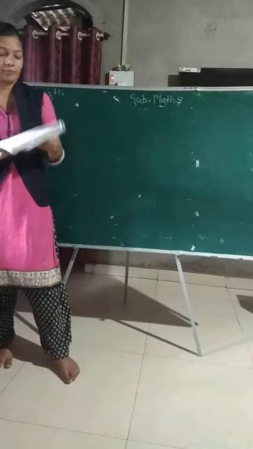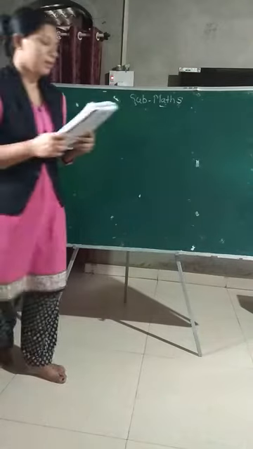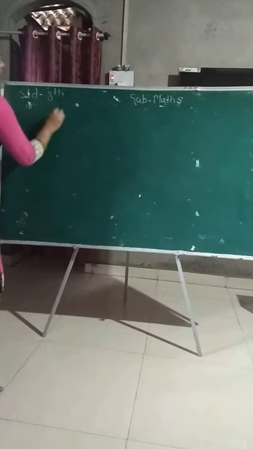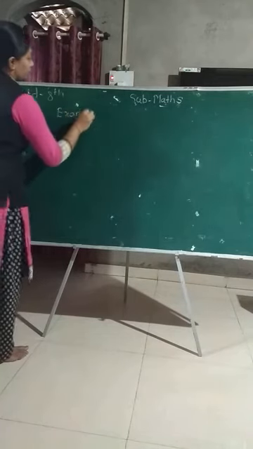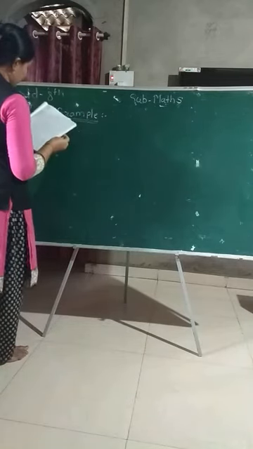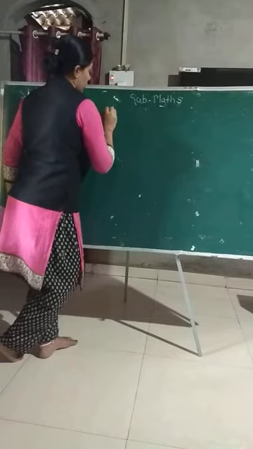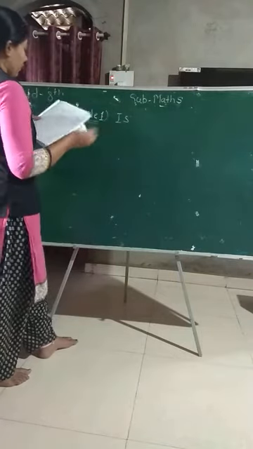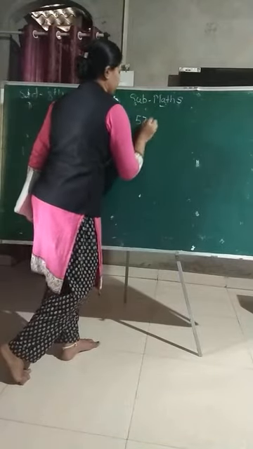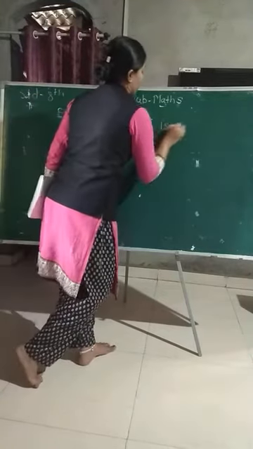In this period we will solve examples of perfect squares. Example first: is 576 a perfect square?